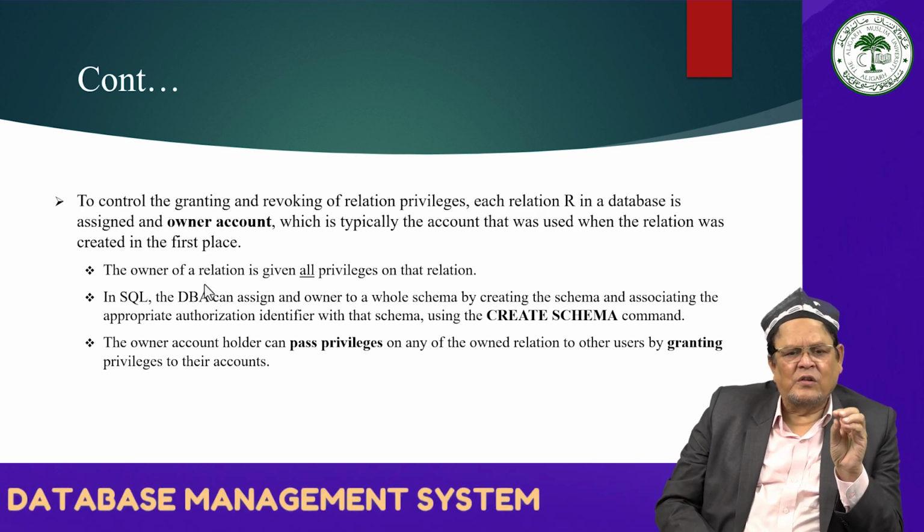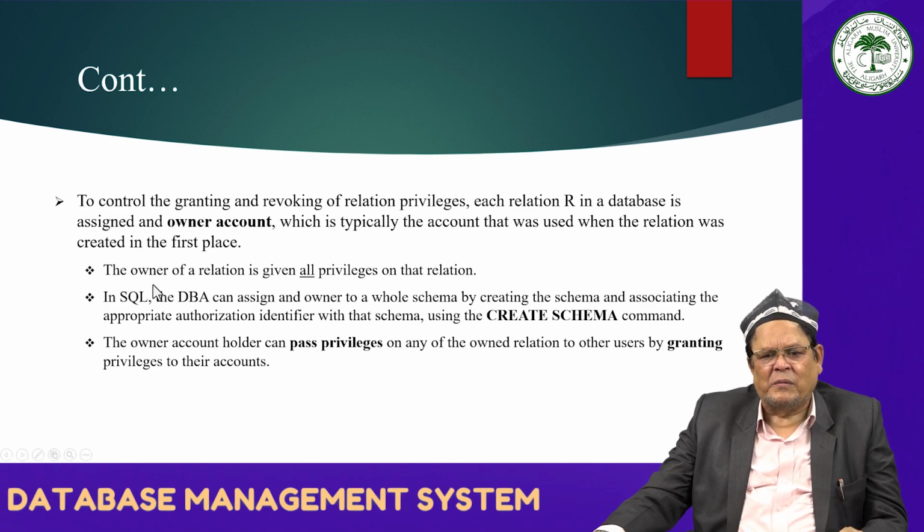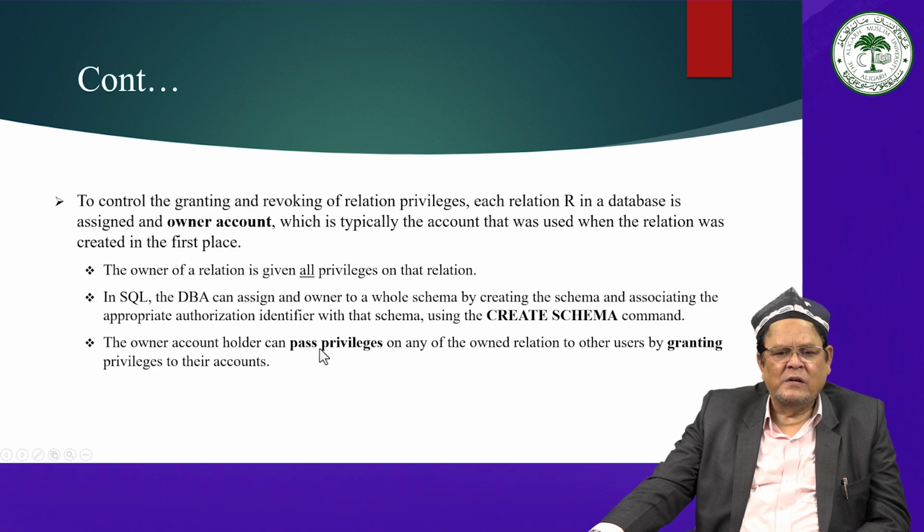In SQL, the database administrator can assign an owner to the whole schema by creating the schema and associating the appropriate authorization identifier with that schema using the create schema command. The owner account can pass privilege on the owned relation to other users by granting privilege on their own. So the owner has permission for all the privilege on that relation.